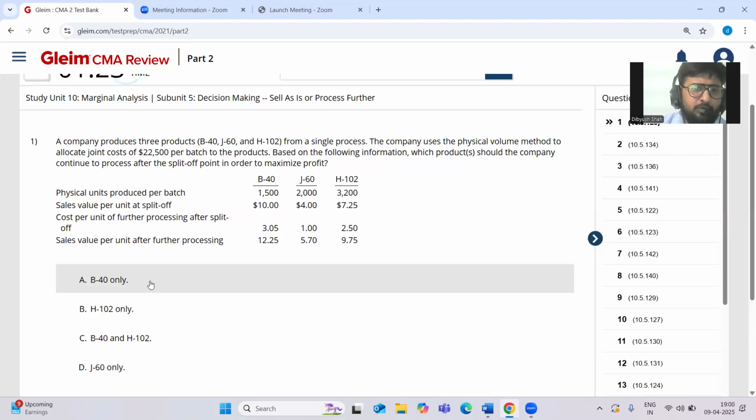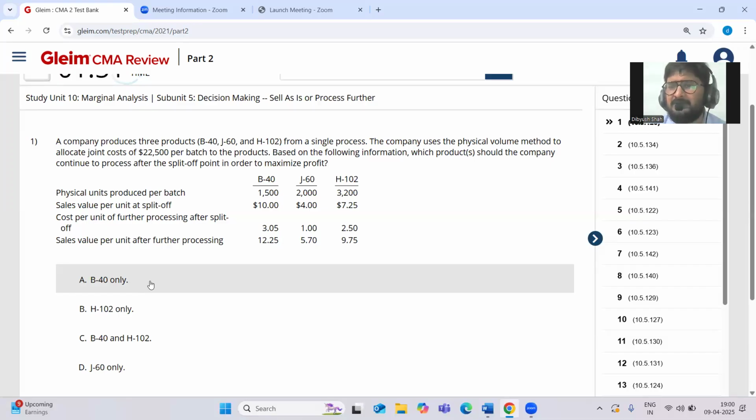A company produces three products, B40, J60 and H102, from a single process. The company uses the physical volume method, the number of units produced, to allocate joint cost of 22,500 per batch to the products.